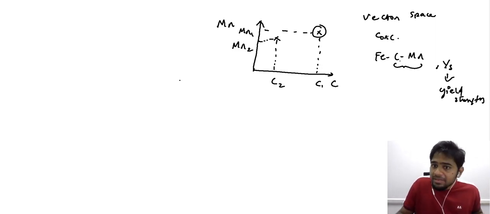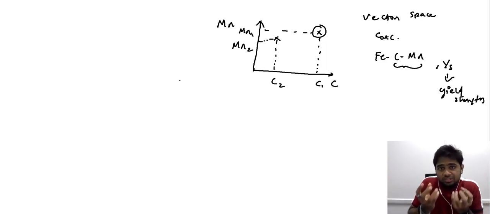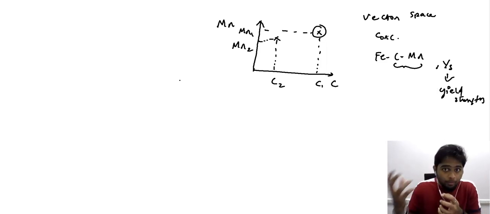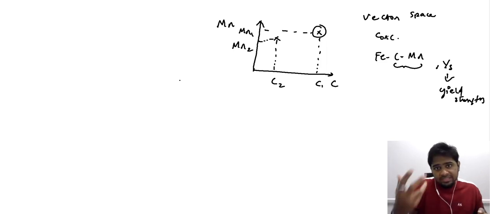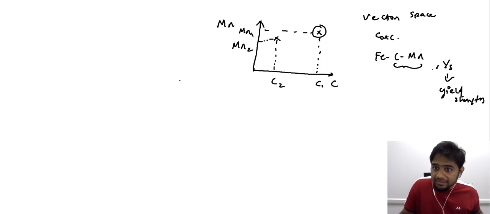As the concentration is a feature of a given alloy, so is its yield strength. Therefore, we can also append another dimension, another property, to this vector.